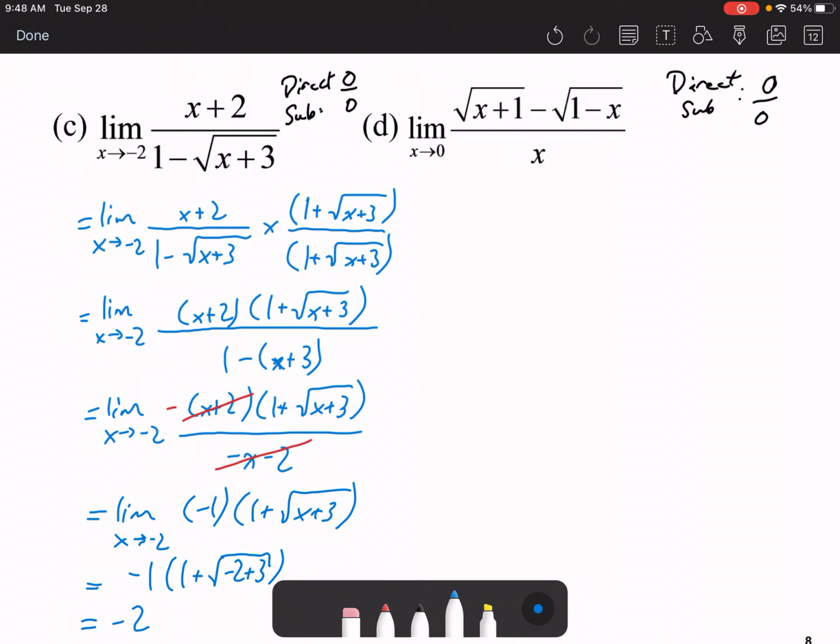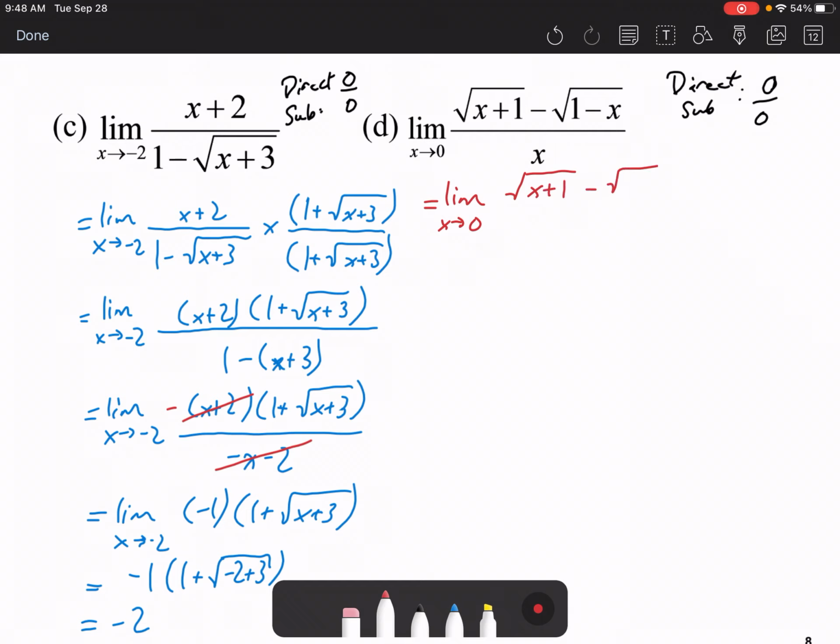So let's see that again with the one on the right-hand side. For this one, we're going to multiply the numerator and denominator by the same expression that's in the numerator, just changing the sign. To see if this works out. Just because you do this does not mean it's going to work out.